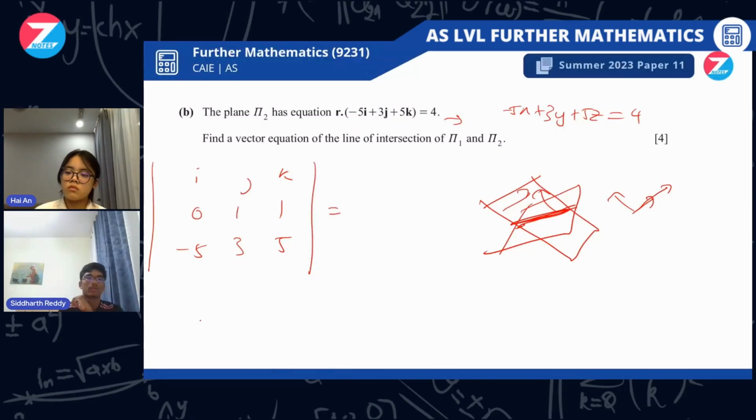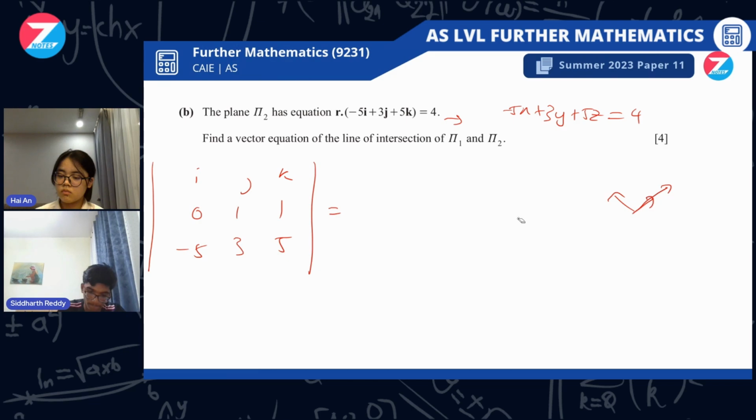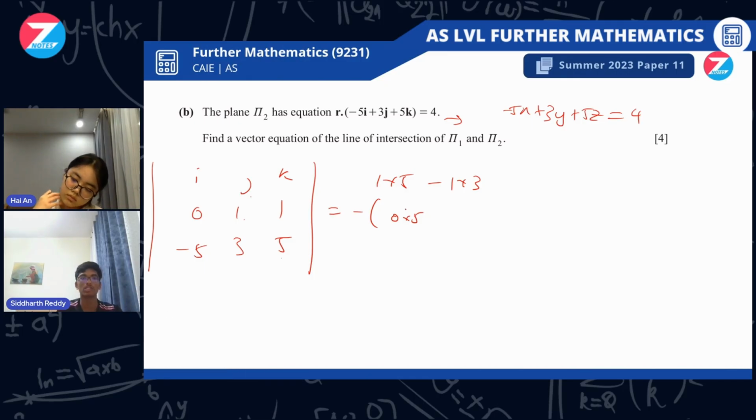Okay. So this is going to be equal to, that's 1 into 5 minus 1 into 3, j: 0 into 5, that's the minus, 0 into 5 minus 1 into minus 5.